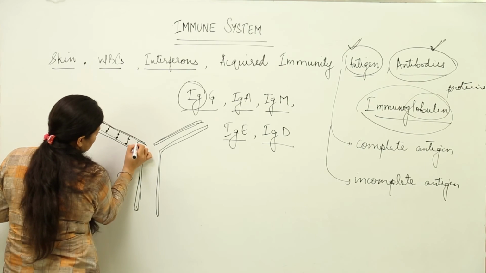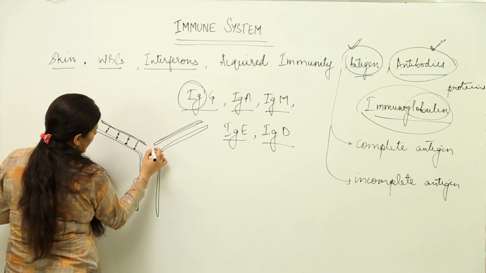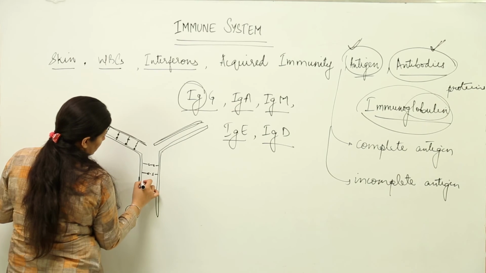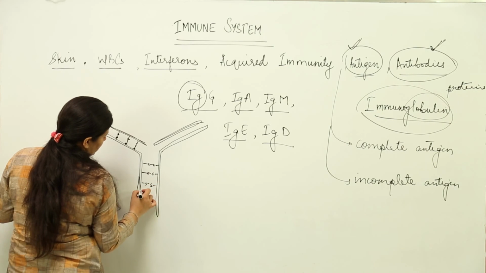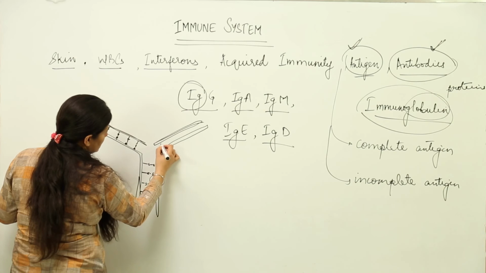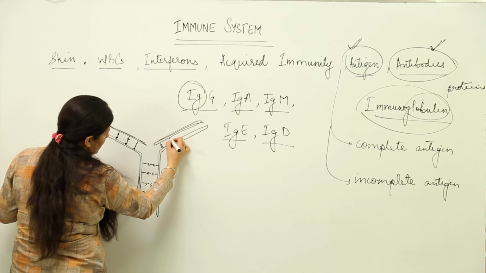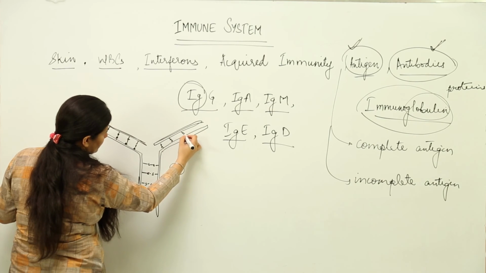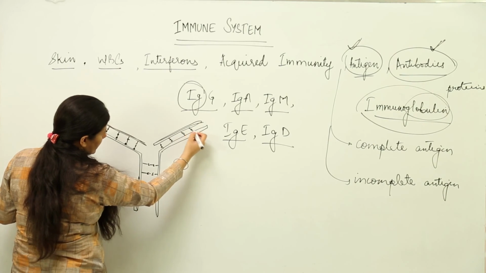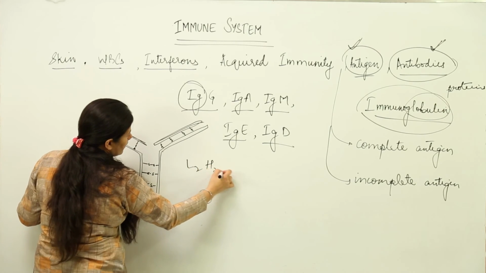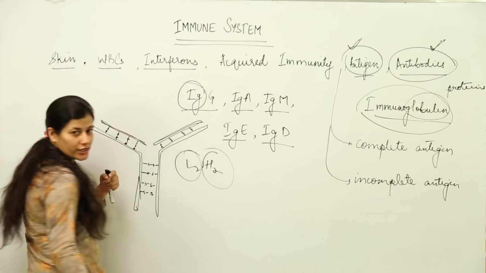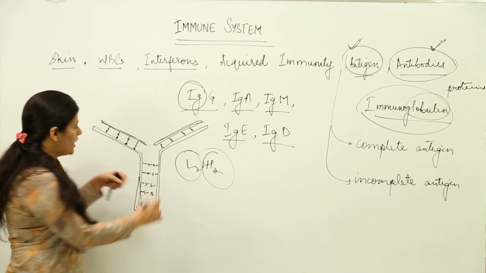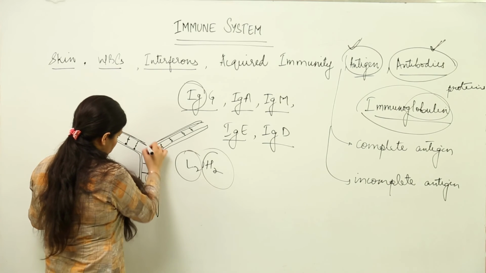Of course, the chains are of proteins, so we have this arrangement of antibodies. The structure is known as L2, H2, 2 light, 2 heavy. 2 light chains, 2 heavy chains of proteins, and they are joined by disulfide bridges. This is what an antibody looks like.